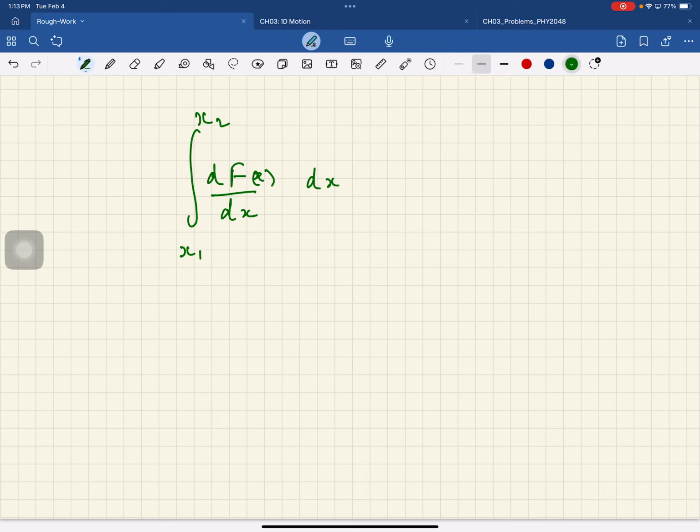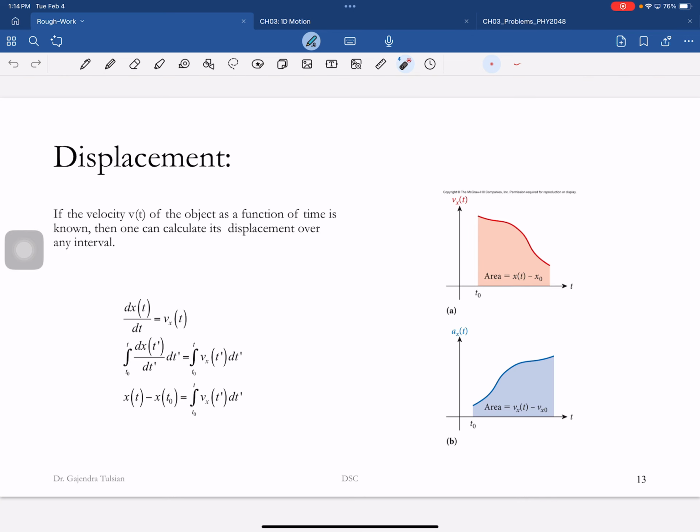Okay, so what you get is the function back. And then you're evaluating it at those endpoints. And so this is equal to f(x2) minus f(x1). So if you have a derivative and you take the integral of that function, what you get is the function back. All right, we're going to use that.